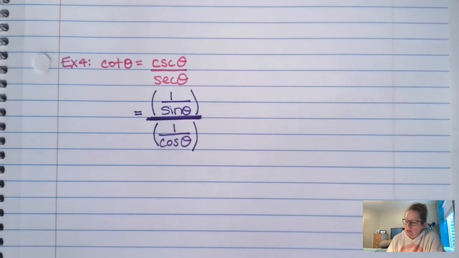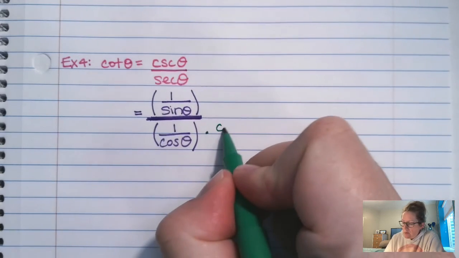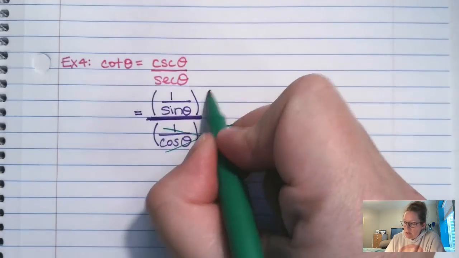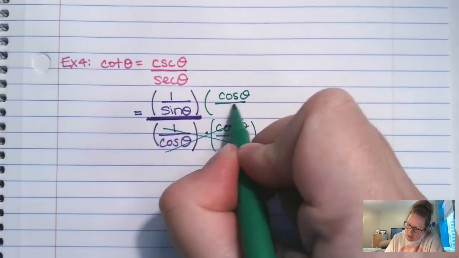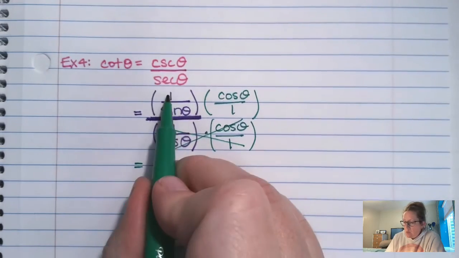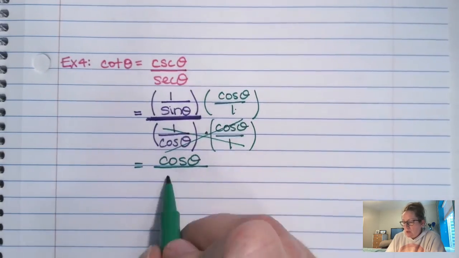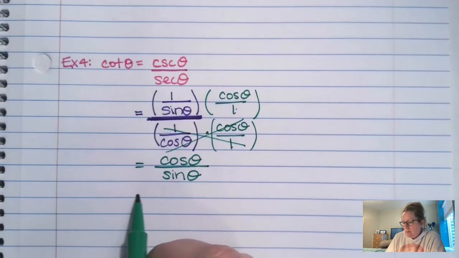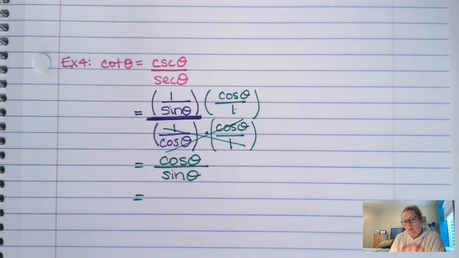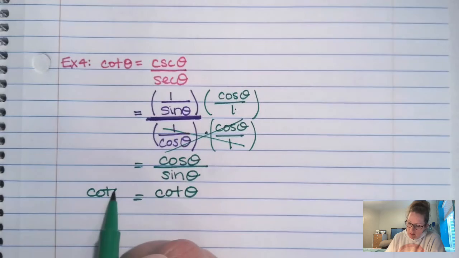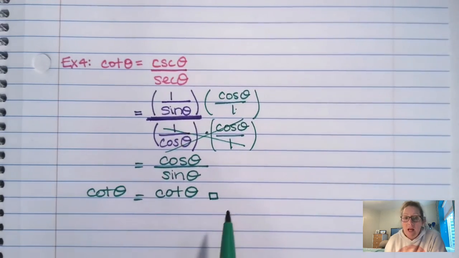How do you divide fractions? You divide fractions by multiplying by the reciprocal, right? So we multiply by cos theta over 1. Those cancel out. What I do to one side, I got to do the other. So I'm going to get 1 times cos, that's cosine. Sine times 1 is sine. And then look at your quotient identities. What's cosine over sine? Cotan. Bam.